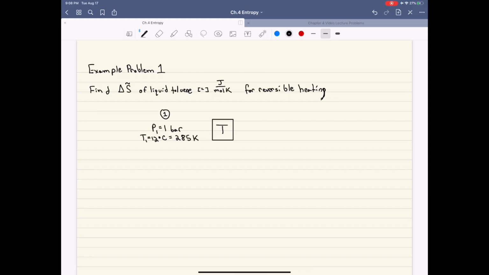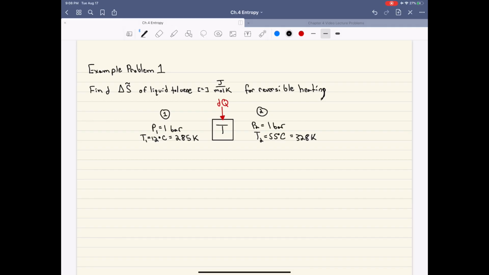And in state 2, the toluene is going to be heated, so there's going to be some sort of differential heat added to the system. This causes the toluene to heat up to 55 degrees Celsius, or 328 Kelvin. But the pressure is going to remain the same.